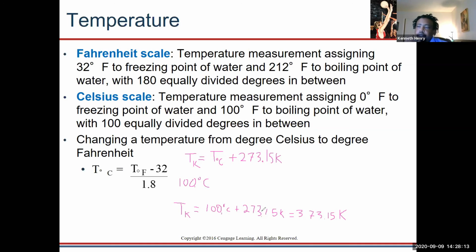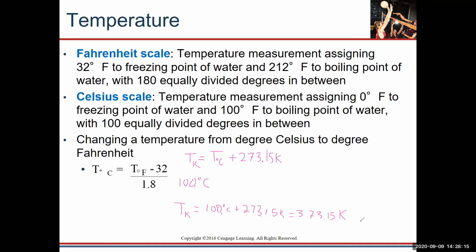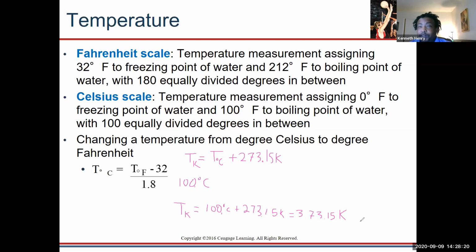Okay, piece of cake? Yeah. Okay, so that's temperature.